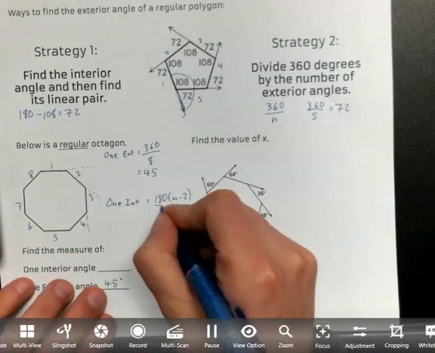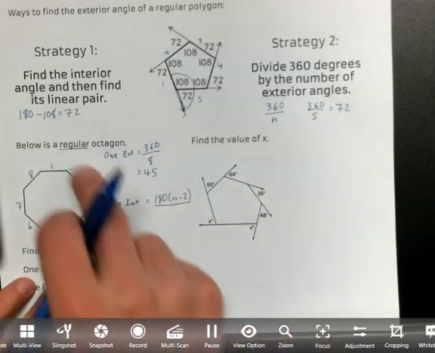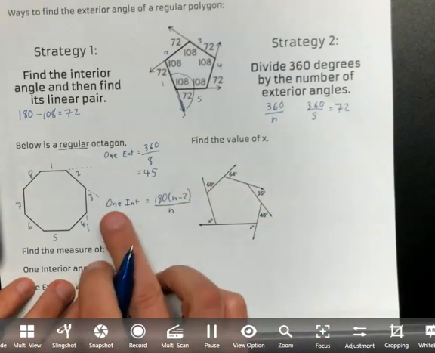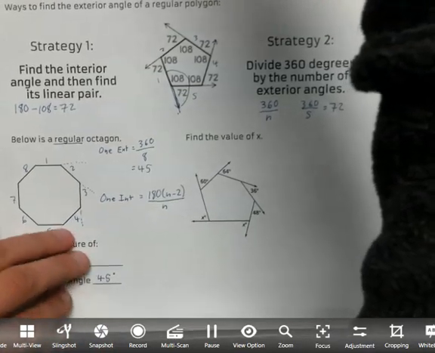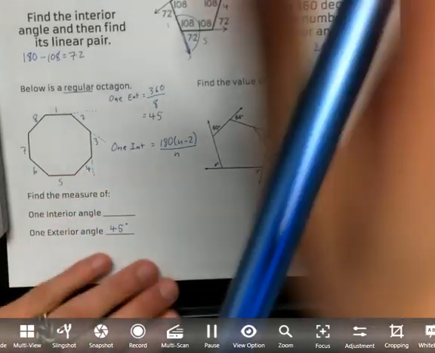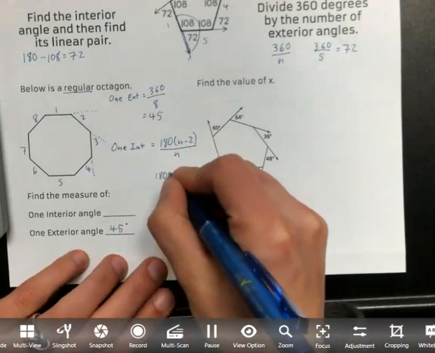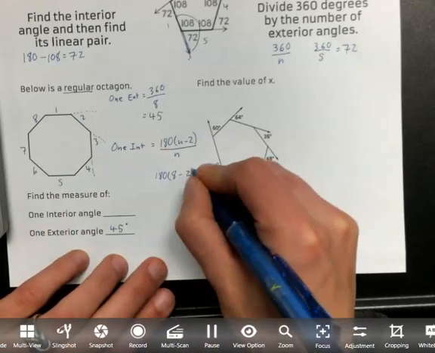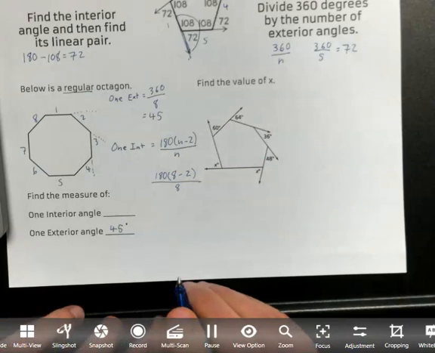Well, I figure out all those angles added together, and then I divide by the number of sides I have. So I have 8 sides, and that gives you one interior angle. So we have 180 times 8 minus 2, because we have 8 sides, divided by 8, because there's 8 sides.